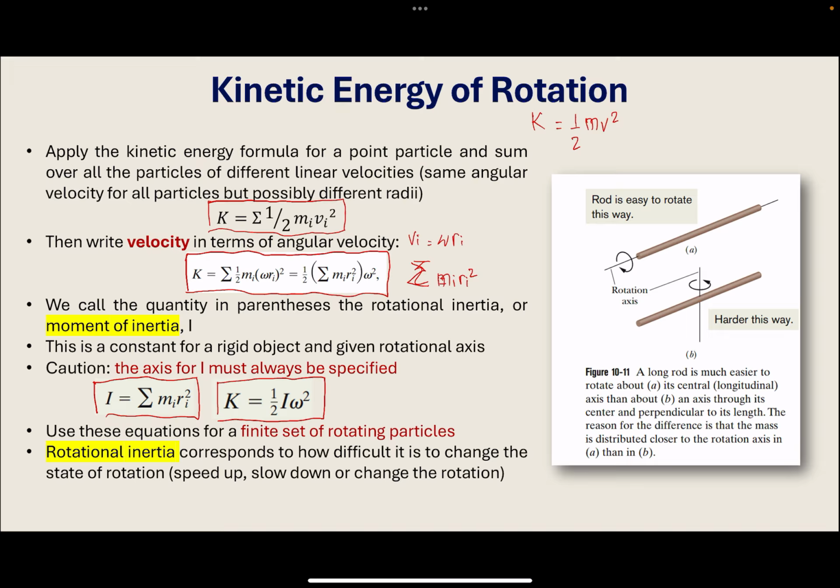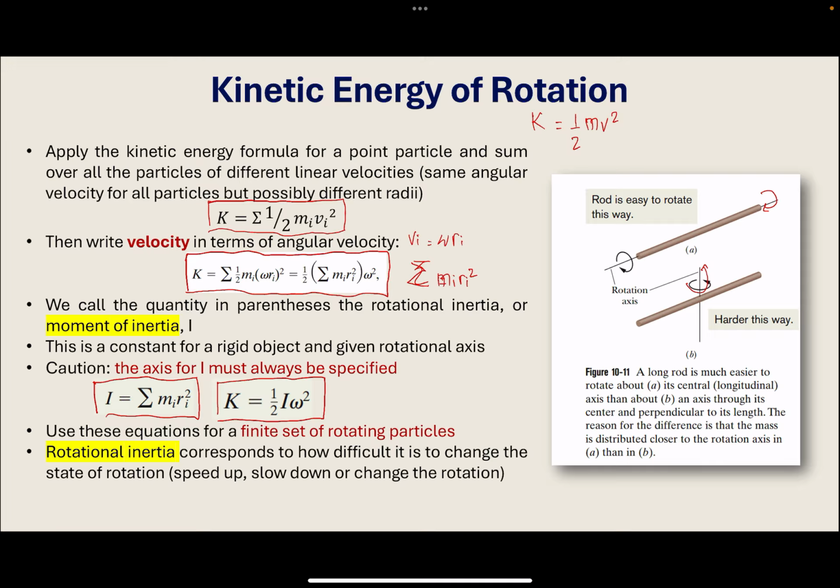In the figure, we have two long rods. A long rod is easy to rotate about its central axis, this one, but much harder to rotate about an axis perpendicular to its length. That is because the distribution of mass relative to the axis, the r values, are different. So the moment of inertia is different.